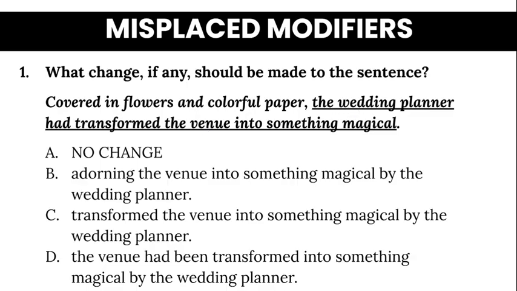So I need to choose the answer choice that has venue before any other noun. So I'm going to choose D, option D. Covered in flowers and colorful paper, the venue had been transformed into something magical by the wedding planner. So this puts the modifier and the word that is being modified beside each other for more clarity.